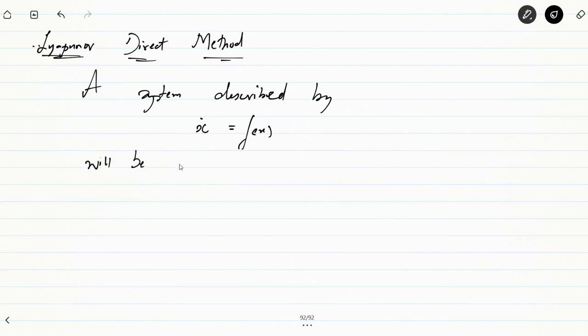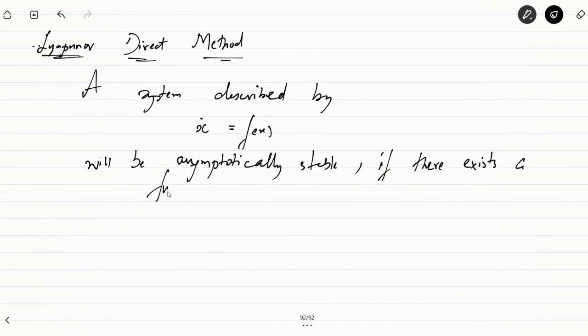asymptotically stable, or you can say Lyapunov stable. Fine. So if it is asymptotically stable, it means it is Lyapunov stable. Within the vicinity of the equilibrium point, that is the origin of the state, this will be asymptotically stable if there exists a function v of x.